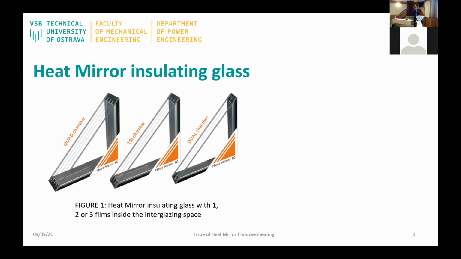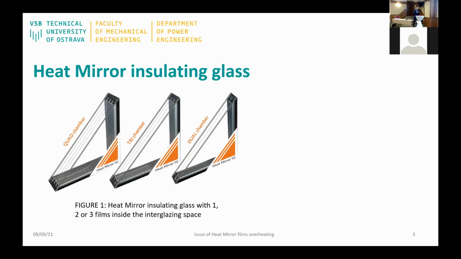So how does it look? You can see on the picture three heat mirror insulating glasses. The first wall, the outside surface, is made of glass, and inside the space is polymer film. The polymer films can be coated or uncoated.